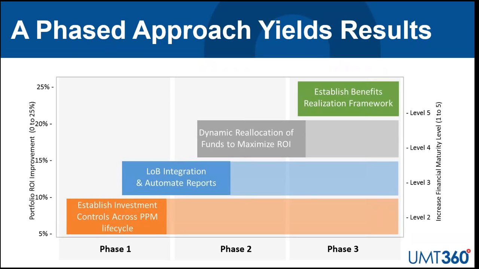Now, in terms of when to move to dynamic reallocation or benefits realization, there's no one-size-fits-all here. You can rotate these, but having automated and integrated the data set, being able to move to that dynamic reallocation approach that I discussed becomes more of a reality.